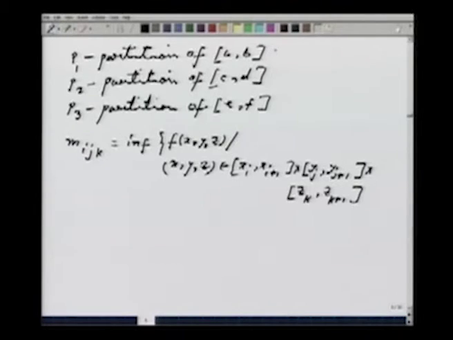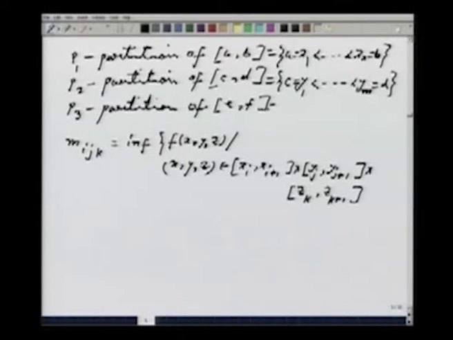So these partitions, let us assume that they are given by x1, x2, up to xn, then y1 up to ym, and e equal to z1 up to zl.